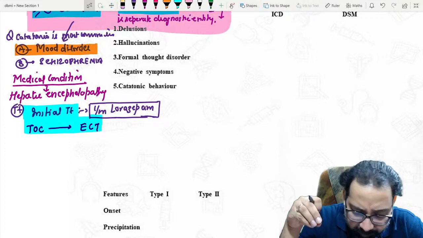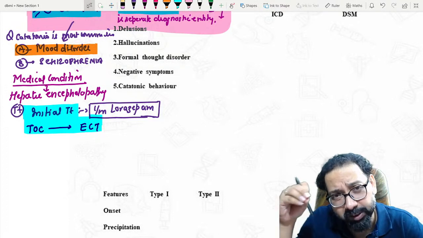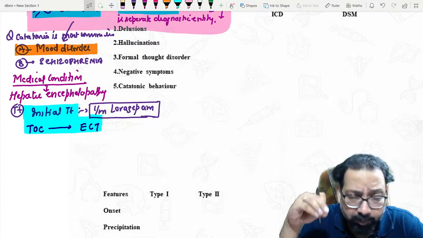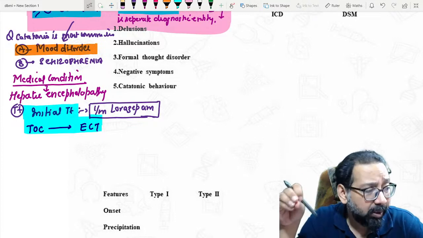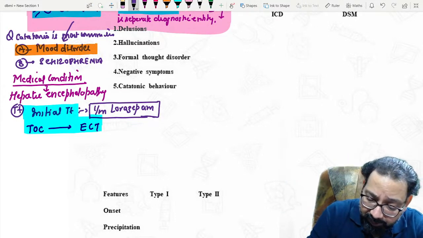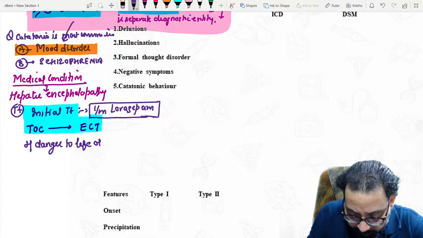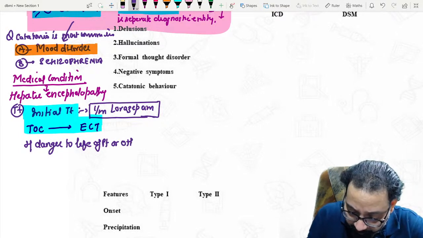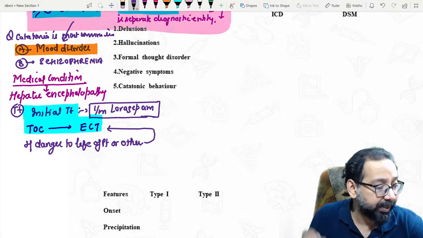Most of the time you will think of lorazepam, because initially we try lorazepam, but it is written in the guidelines that if there is danger to the life of the patient or others, we give ECT directly. Clear?